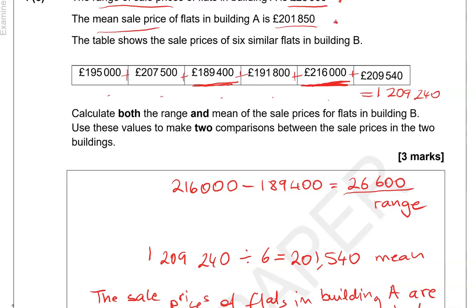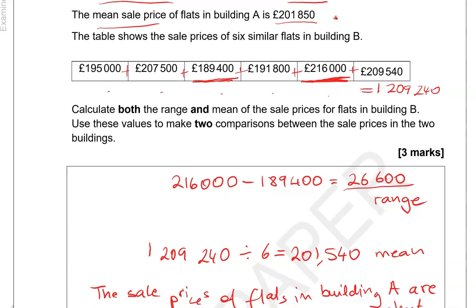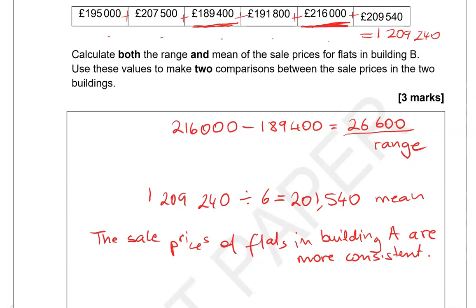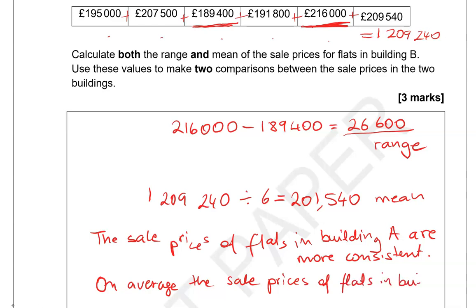So we can say on average the sale prices of flats in Building A are higher.